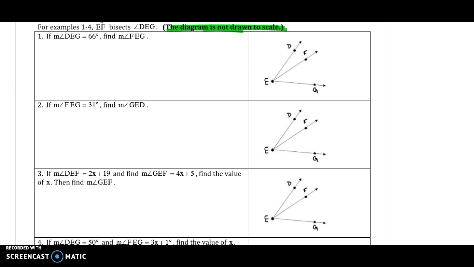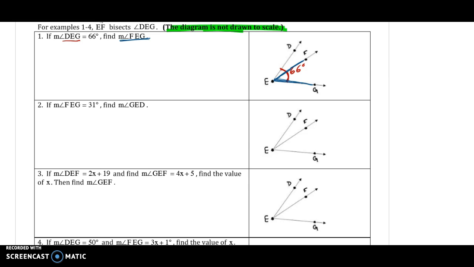So example 1. The measure of angle DEG is 66. So D to E to G, the whole thing is 66. Find FEG. So from F to E to G. We can see that the whole thing is 66, but it's only asking for half.